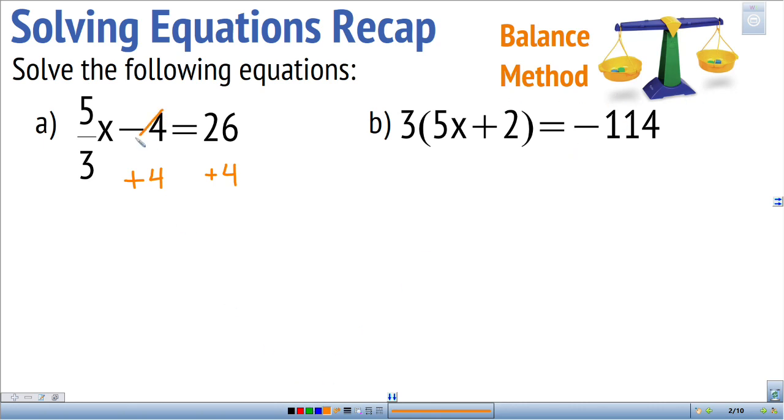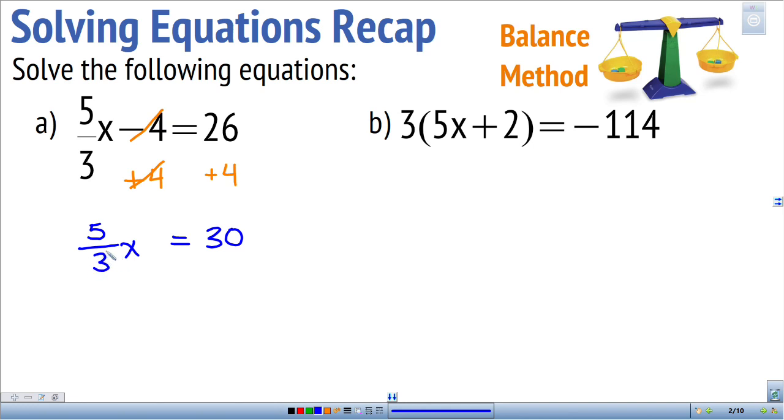So the minus 4 and the plus 4 subtract to 0. And so on the left side here, we still have 5/3 x is equal to 26 plus 4, which is 30. Now, with this 5/3, we can think about x as being divided by 3.